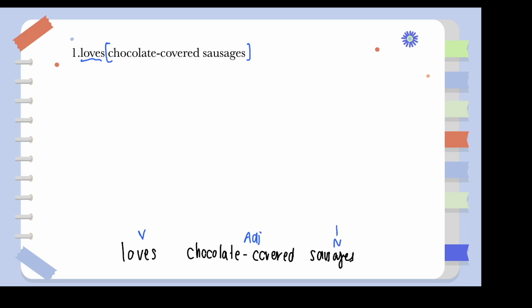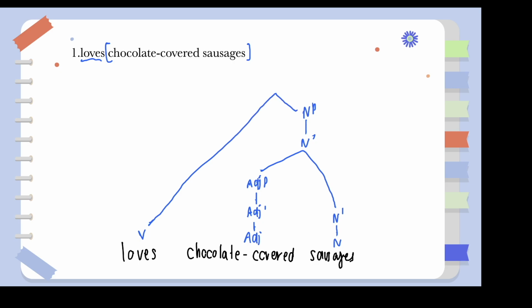So let's start from chocolate covered sausages. Sausages is a head, and then we have n bar, and the adjective has adj bar, and nothing modifies our adjective, so we have AdjP, and this AdjP modifies n bar to have n bar again before we have NP, and this NP is matched with the verb loves to be V bar, and then we have VP.